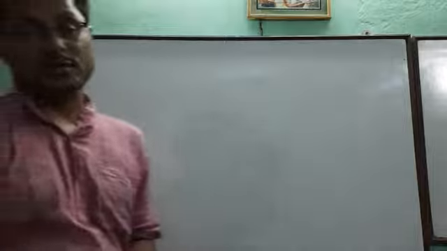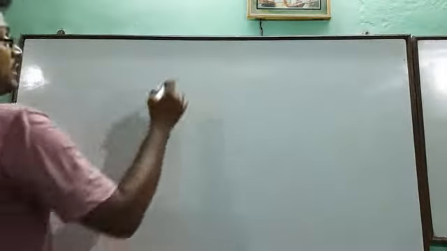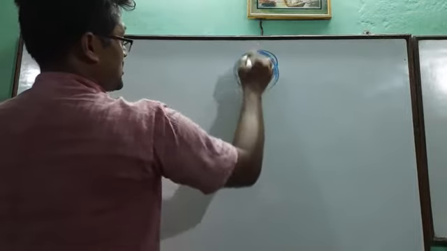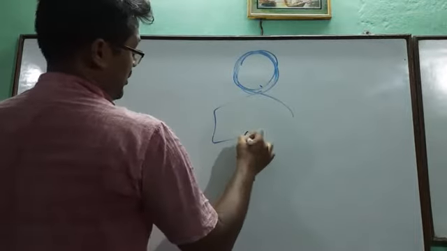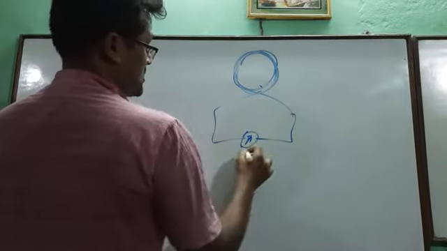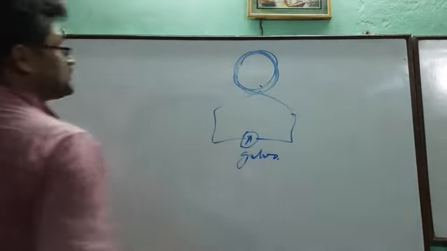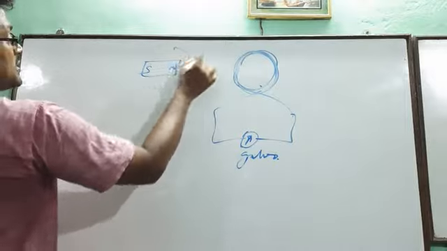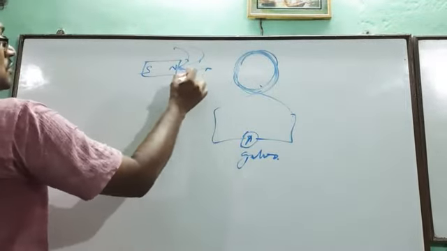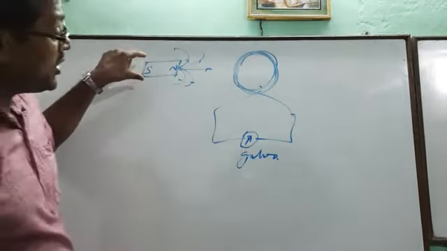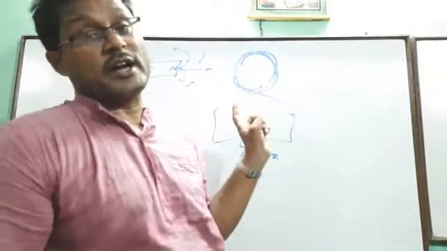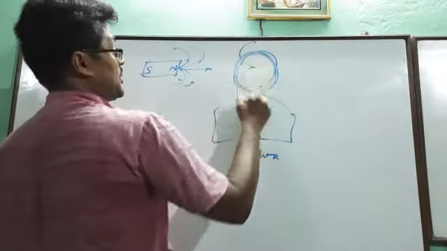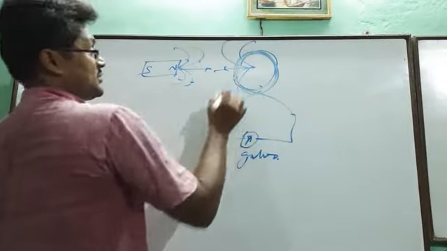Now, from Lenz's law, we can establish energy conservation. How? Here, this is the coil with a number of turns, and this is the galvanometer, with the north pole and south pole. Here, these are the lines. When the N pole is introduced, we know anti-clockwise deflection means an N pole is induced, so it will produce lines of force like this.